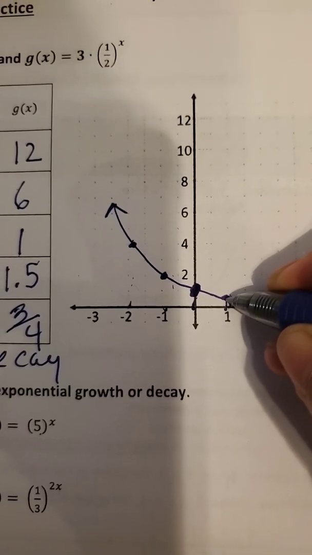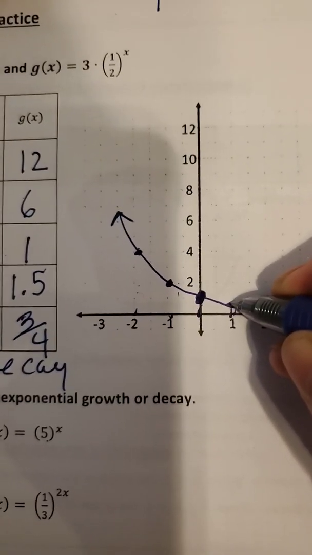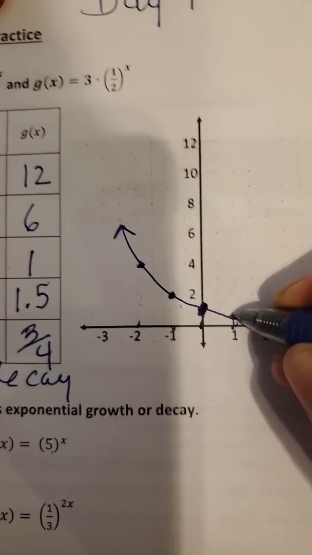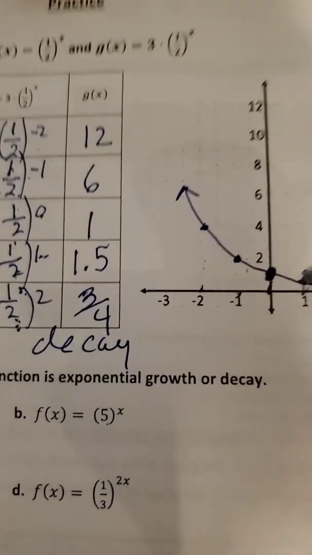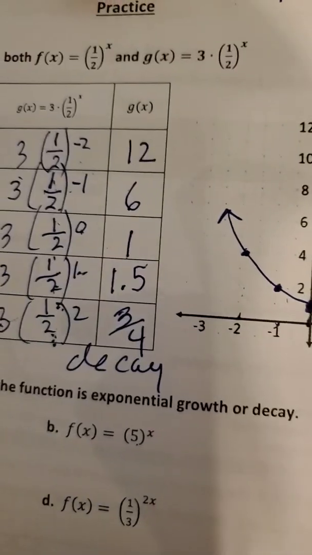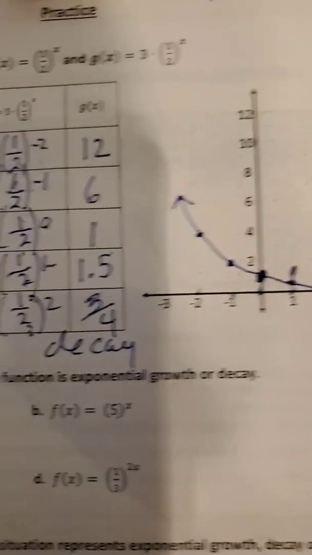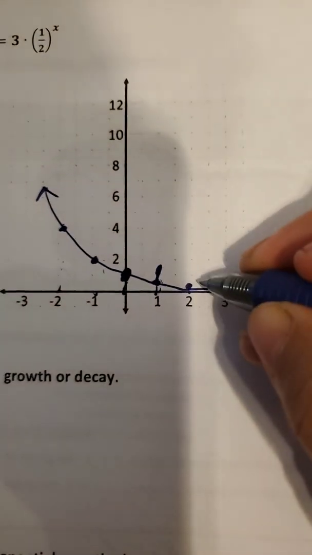So this is 1.5 right here. It's a little bit further up, like right here. And then 2 is 3/4.